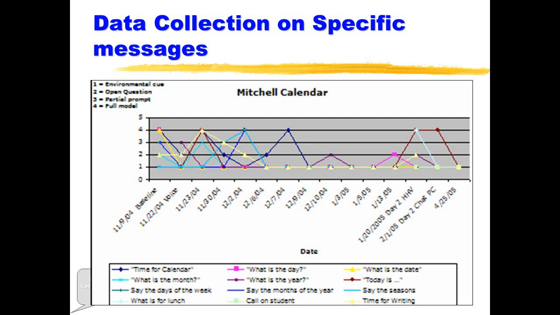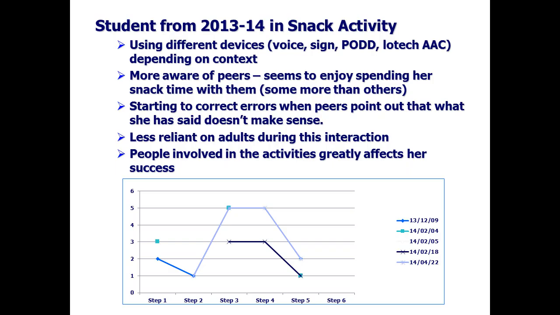From one of our students a school year ago, this is something that they tracked during her snack time, and also to give you some other ways that people have looked during an ECT. This was a student that used a variety of communicative modalities, but they were also looking at some affect changes with her. She was more aware of her peers during snack time.